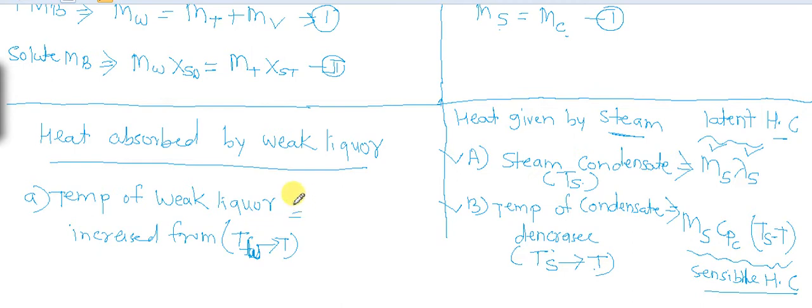So the heat absorbed by this weak liquor is calculated by the formula Mw into Cpw, the heat capacity of weak liquor, into the temperature rise T minus Tw, where Mw is the mass flow rate of weak liquor, T is the temperature or boiling point of this weak liquor in the evaporator with respect to the corresponding pressure, and Tw is its initial temperature.